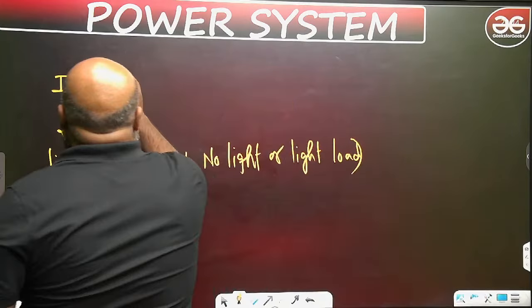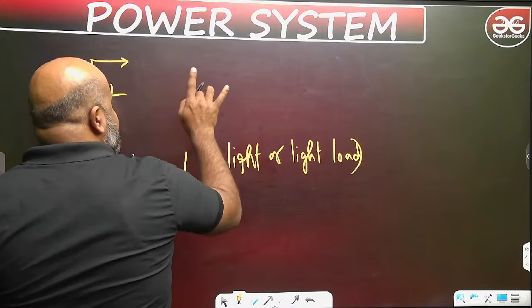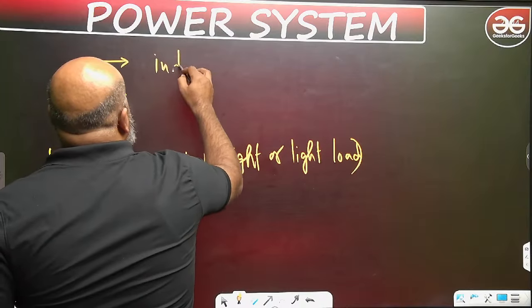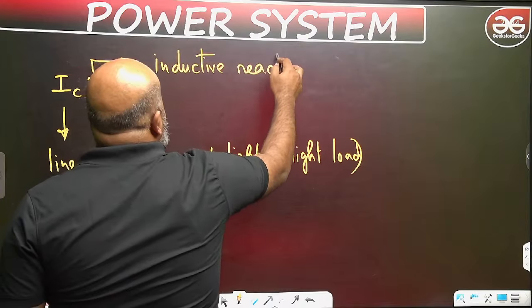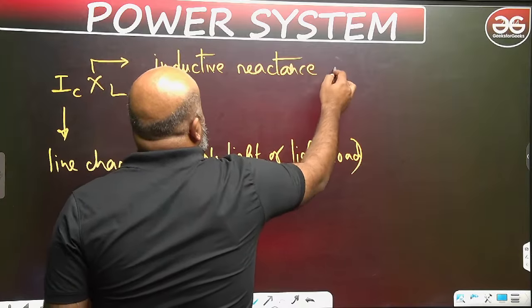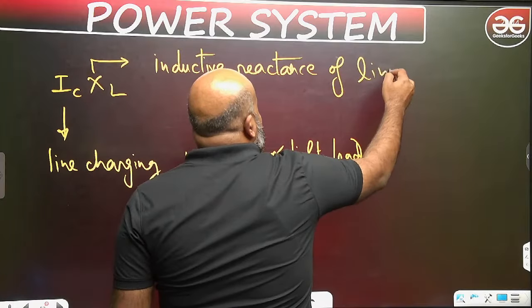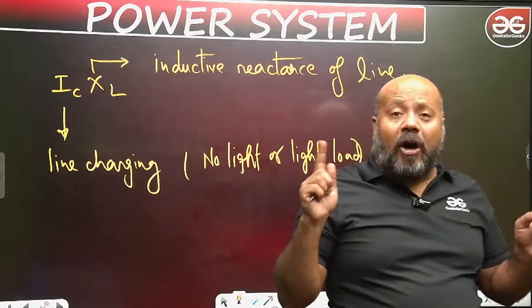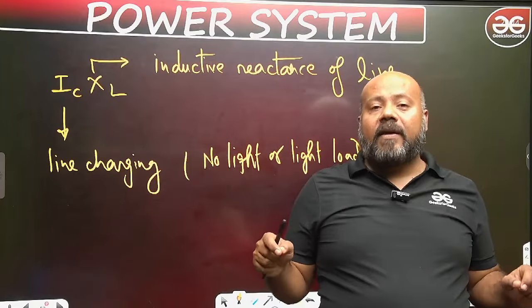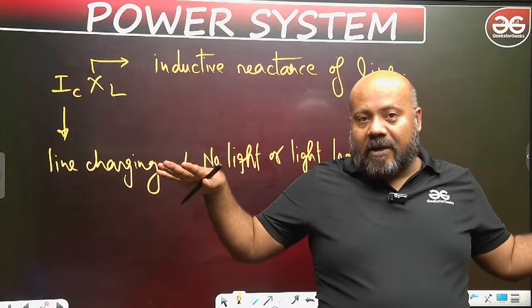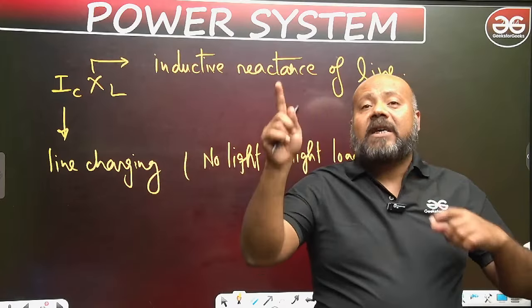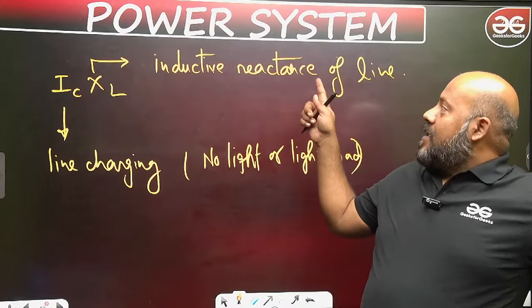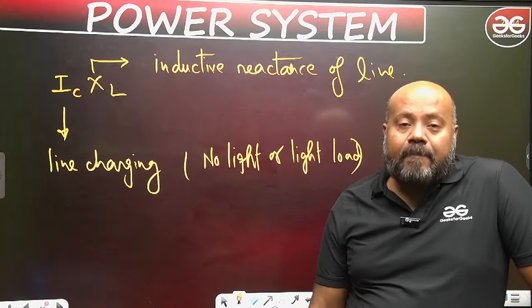XL is the inductive reactance of the line. It means you will observe the Ferranti effect only when the line charging current is capacitive, the first condition, and the second condition is that the line charging current must pass through the inductive reactance of the line.